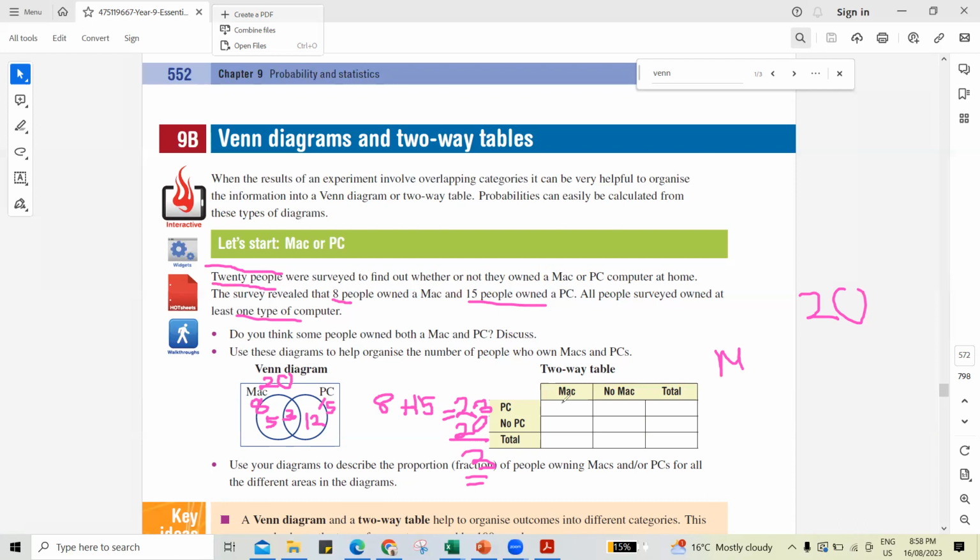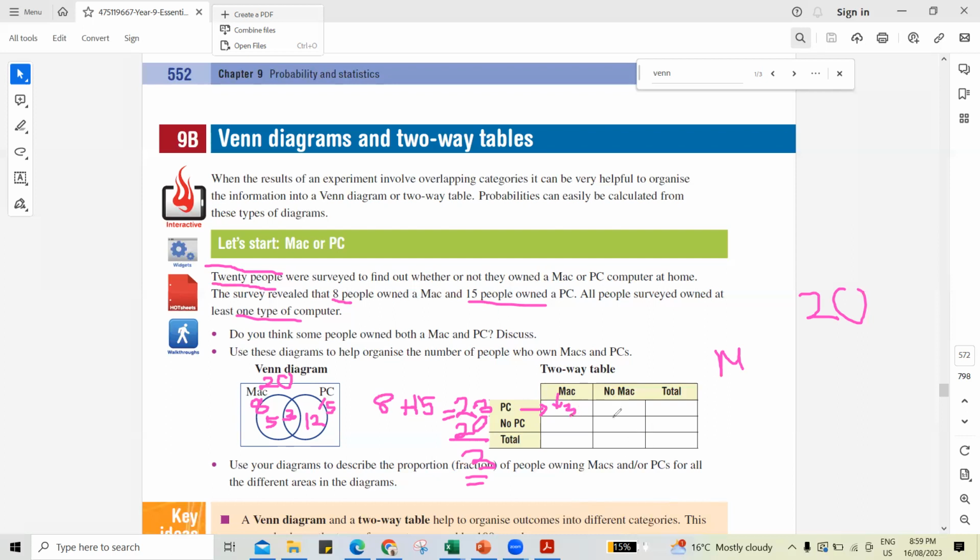Now here, Mac and PC. That means he has a Mac computer and he has a PC computer. That means the common area, this one, 3, right? Mac and PC, this column and the line combining, this we call 3.